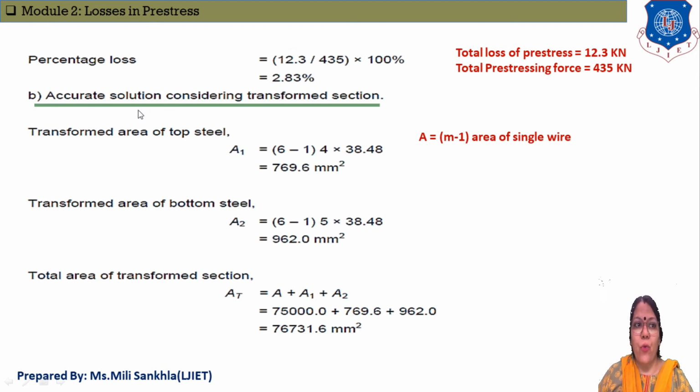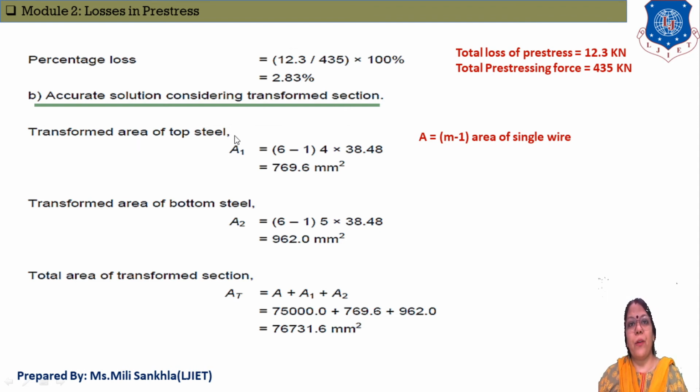Okay, now we find out loss of pre-stress in the concrete member due to elastic shortening by accurate solution. The equation for this accurate solution is A is equal to modular ratio minus 1 into area of single wire. Now one by one, first of all, transformed area of top steel.